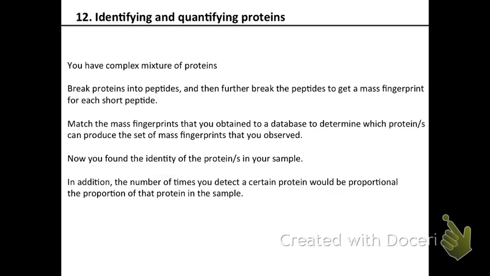Yep. So when it goes into the mass spec at first, you haven't denatured it or done anything to it. It's just a perfectly folded protein, and then it's degraded into random peptides. It's a little more complicated than that. Usually it's not full proteins. You first break them using a protease into smaller pieces because a lot of the proteins are too big for the mass spectrometer to handle.